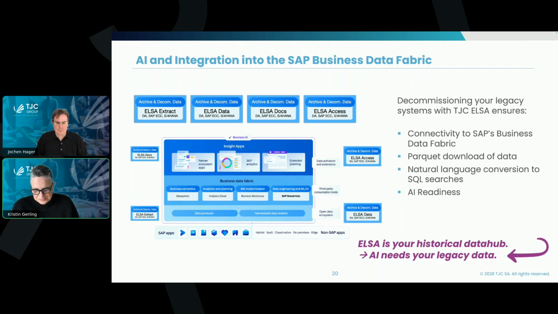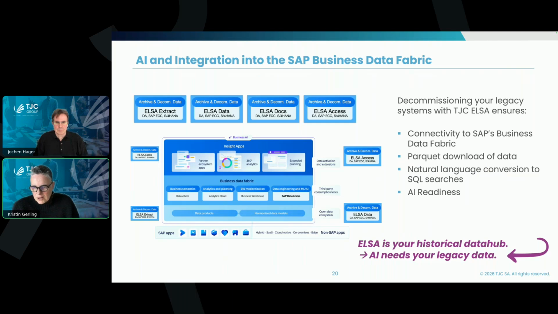And again, you want to know that the data that you have is not just sitting on a dormant, frozen VMware ECC system, but that it is accessible and can be used for building these algorithms. So in these cases, we also help with making that data accessible through ELSA.